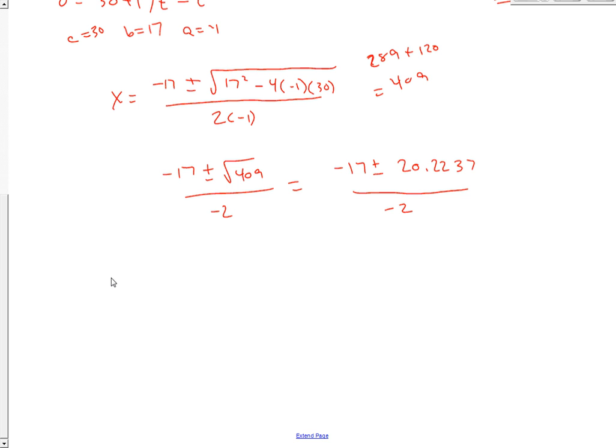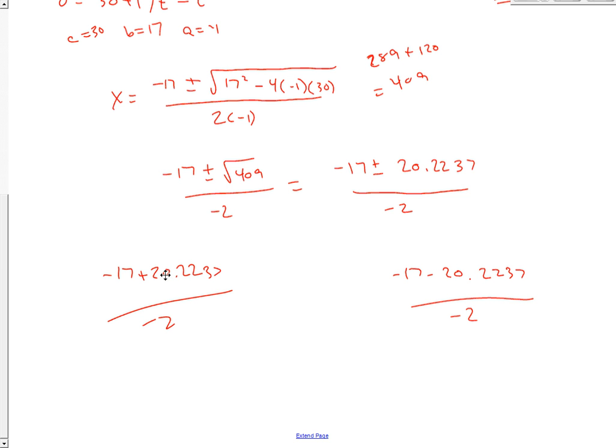So now I have negative 17 plus the 20.2237 over negative 2, and I have negative 17 minus the 20.2237 over negative 2.